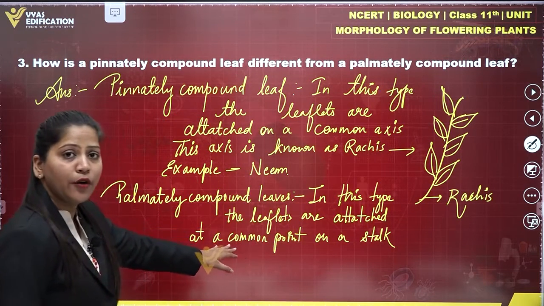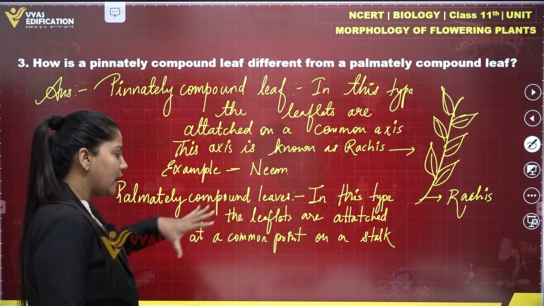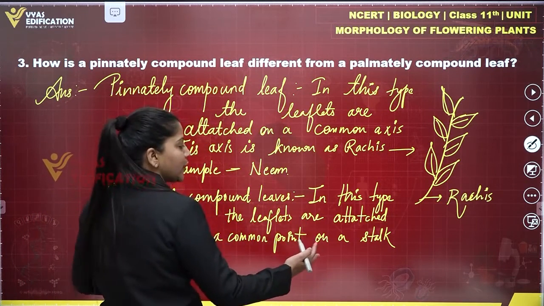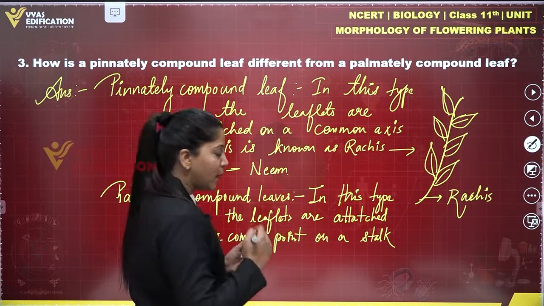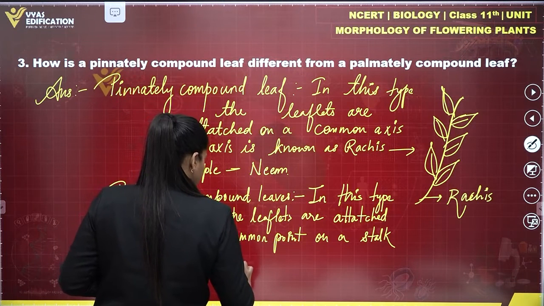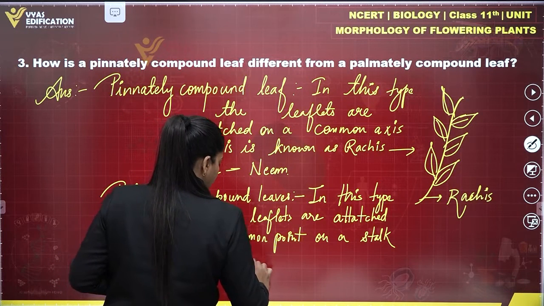In this type of leaves, the leaflets are attached at a common point on the stalk. These kinds of leaves are known as palmately compound leaves. The example we have for this is the cannabis plant.